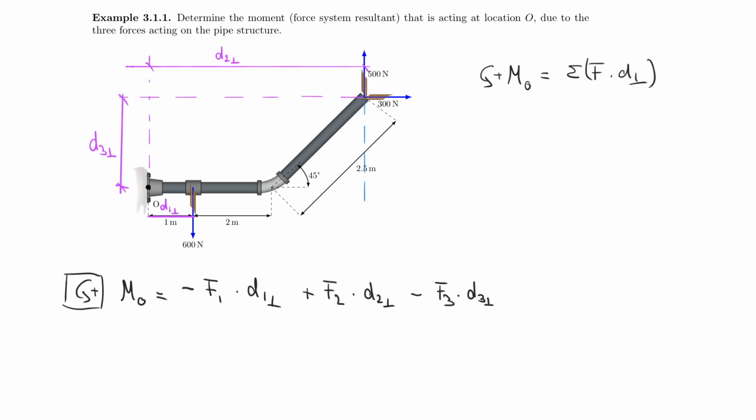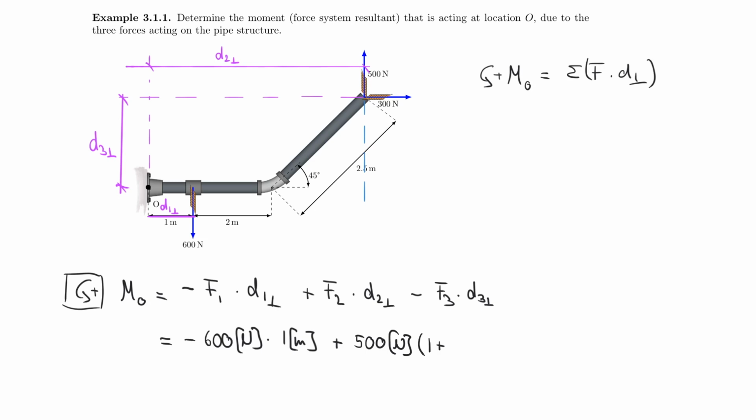And I think at this point it's just mathematics, so that should become easy. So minus F1, which is 600 Newton, multiplied by the lever arm, which was 1 meter. Then we have plus F2, which was 500 Newton.